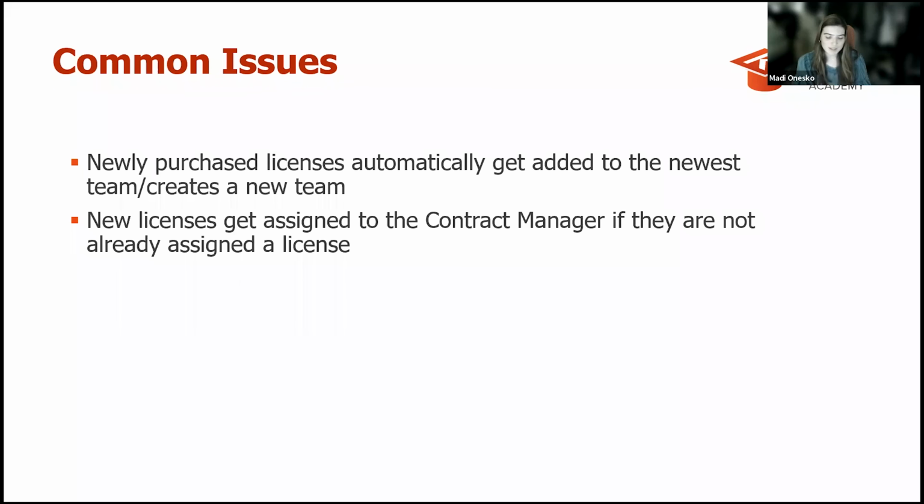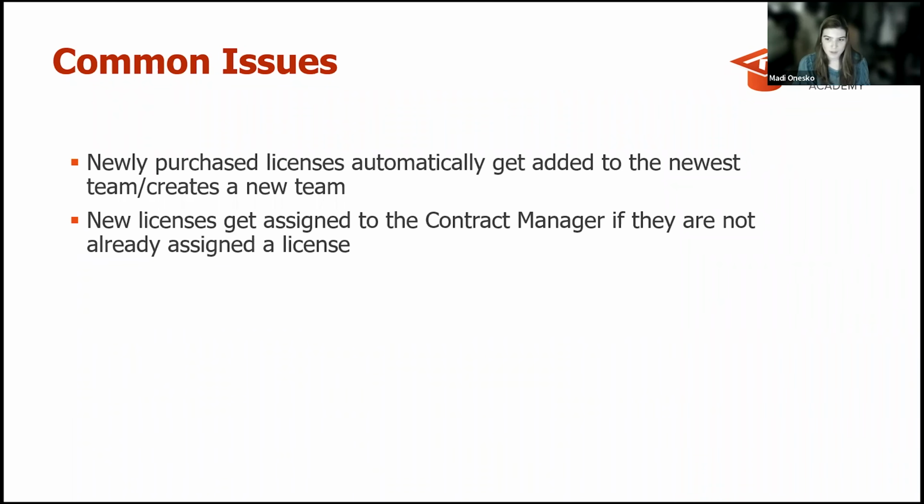So what I would recommend is, if you purchased a new license and you can't find it within your Autodesk account portal, check the teams, see if a new team has been added and a license has been assigned to that team. And then additionally, if you've also lost a license, the other thing to check is the contract manager. The contract manager is who is going to be the primary admin within the Autodesk account portal.